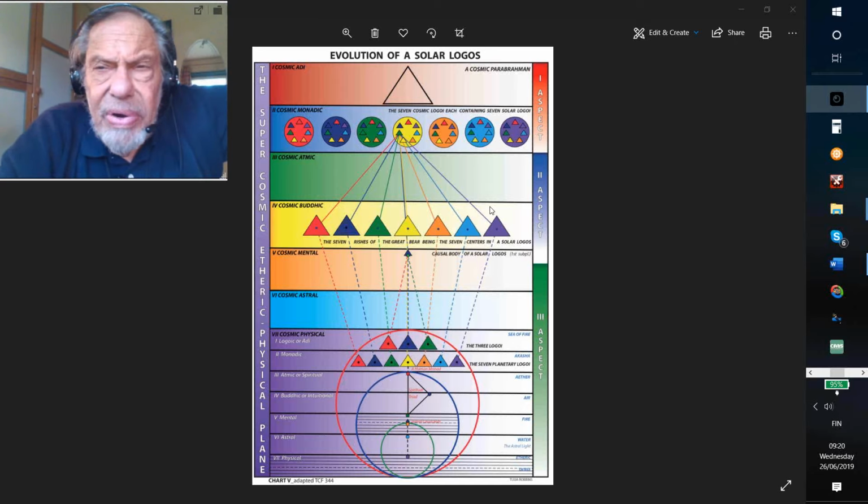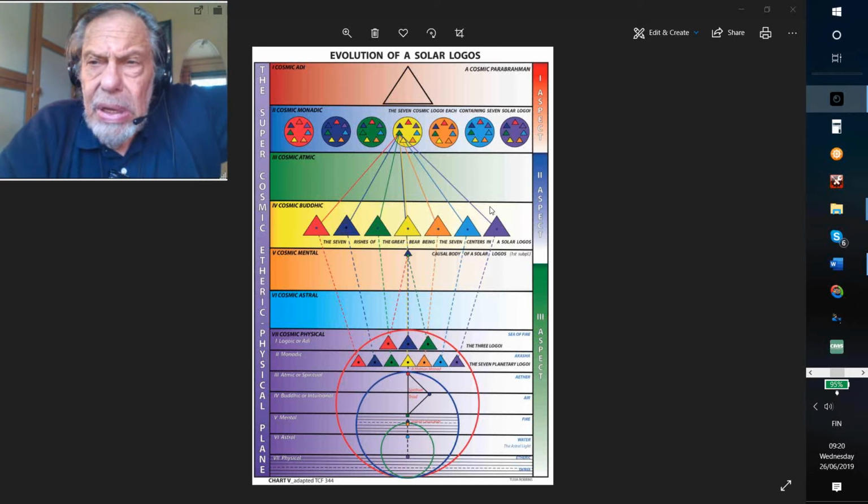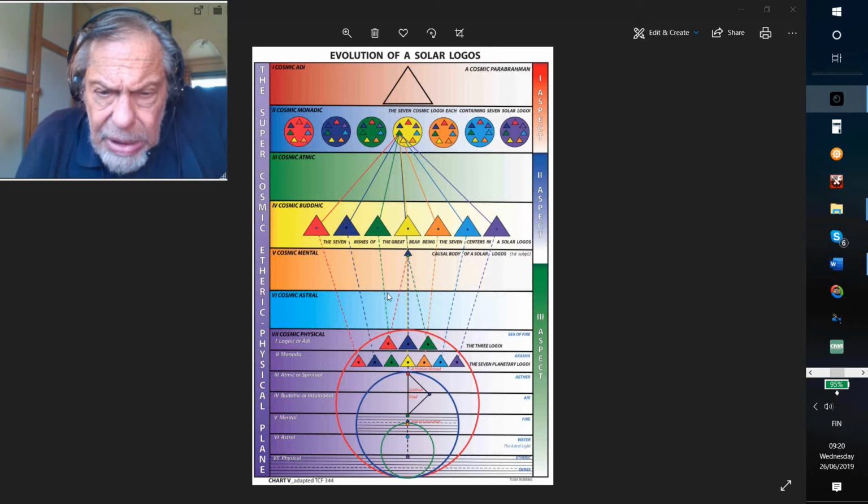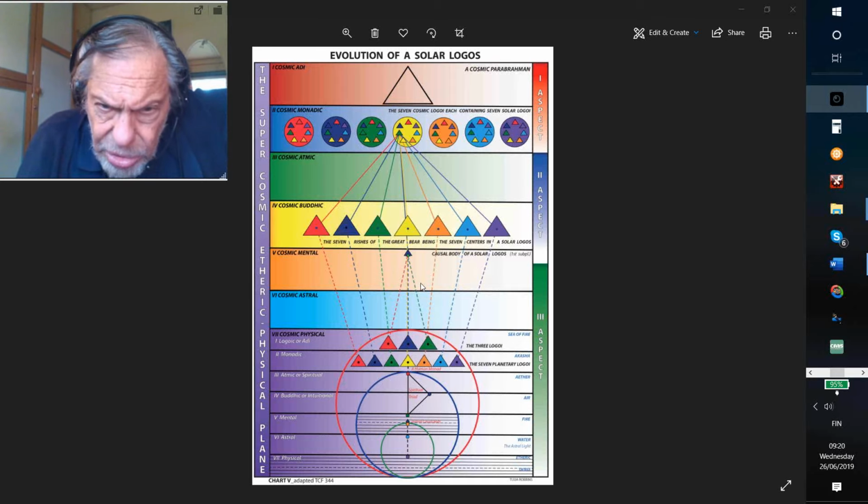Yes. But one of the very interesting things is that the solar logos has connected with it a great solar angel. So it doesn't only concentrate down here where man gets a solar angel.